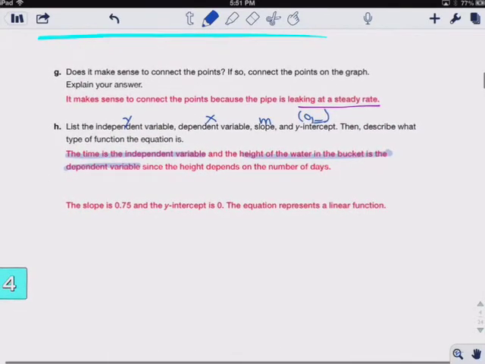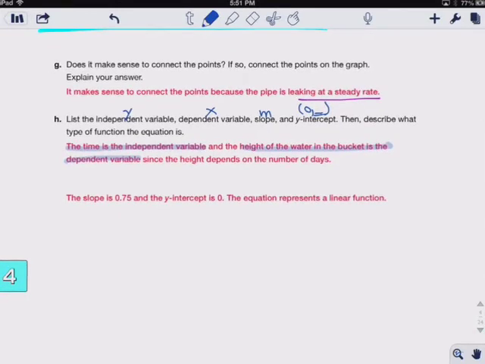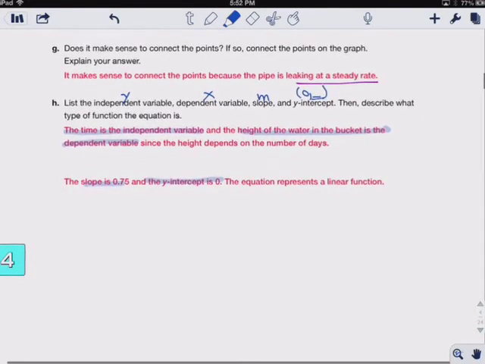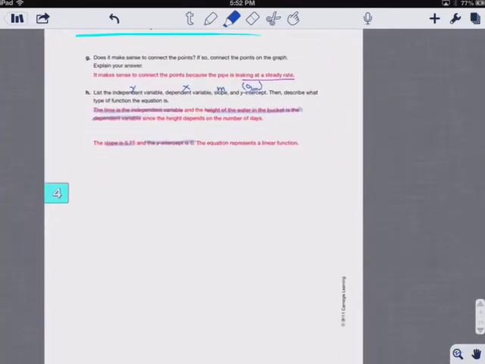And y-intercept. Okay, the equation represents a linear function. Basically, it's a straight line. Slope is this. Y-intercept is this. Okay? And that's your homework.